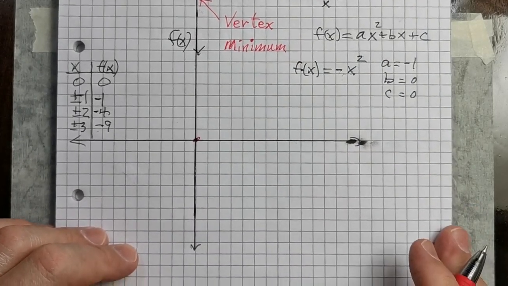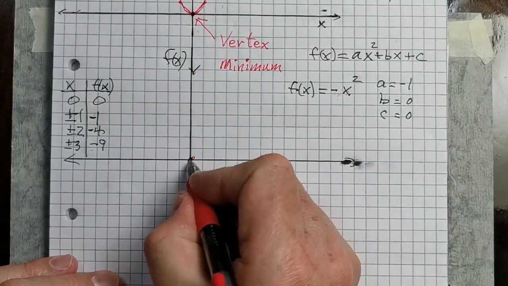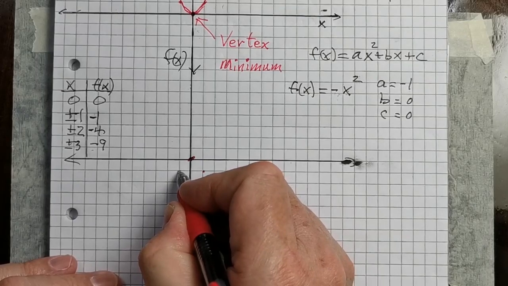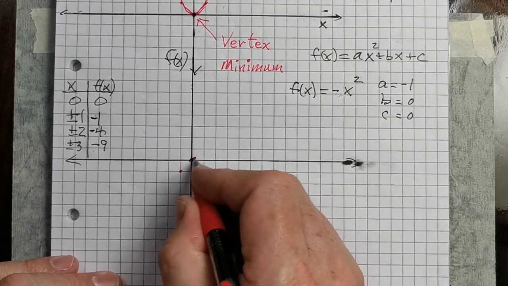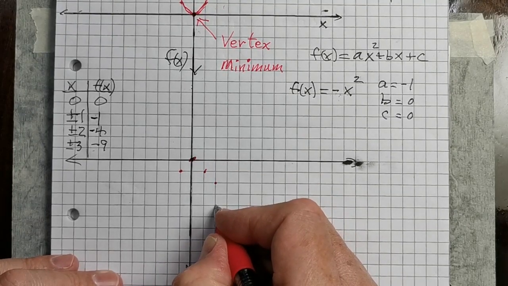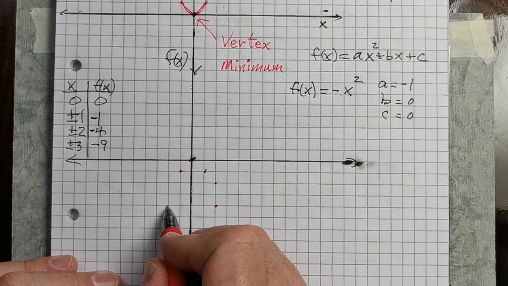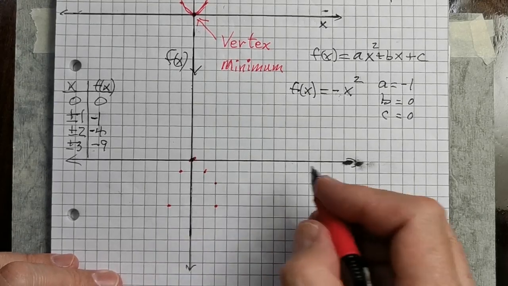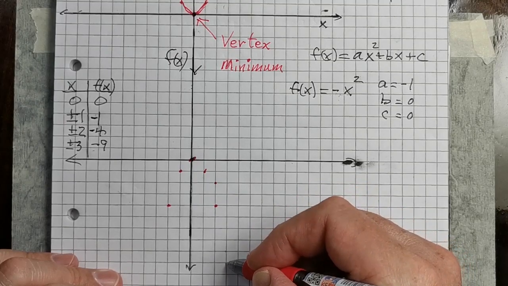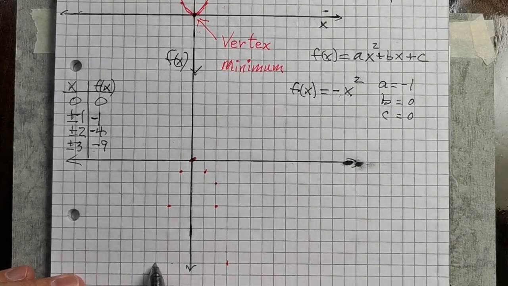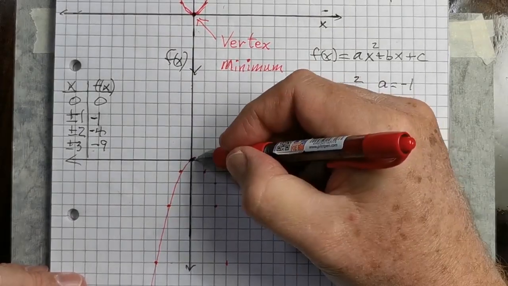This will be our point right here for 0, 0, then 1, -1, -1, -1, 2, -4 right here, and -2 would also be -4 right here, and then I can put in 3 and I get -9. That's 4, 5, 6, 7, 8, 9, and 3 on the other side over here, -9 over here. So the graph goes down like so.